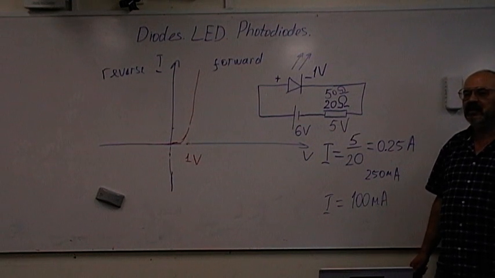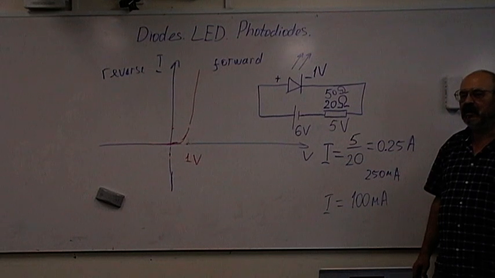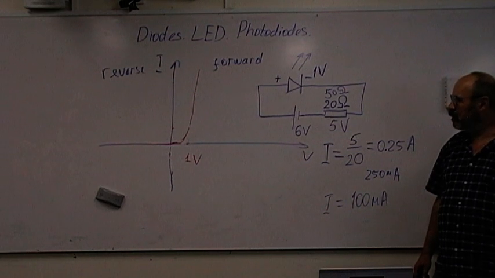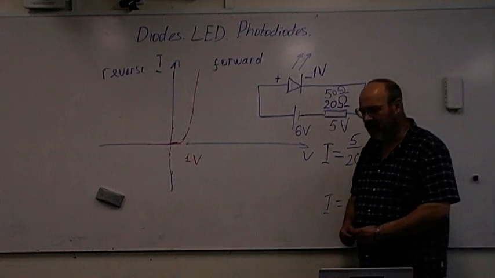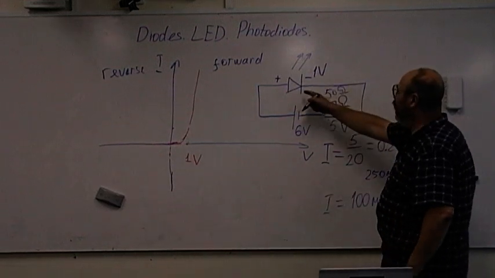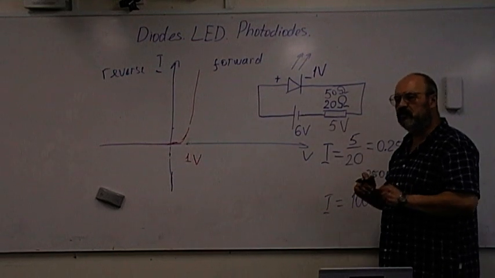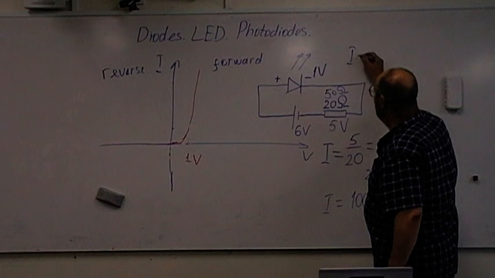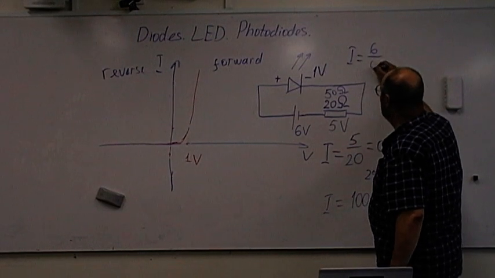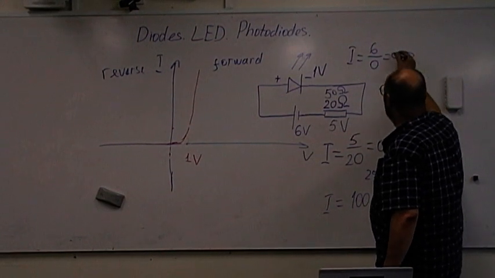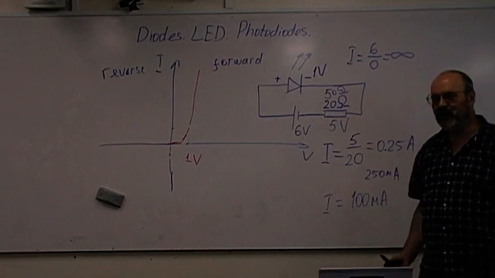Yes? Right, but wouldn't it be 6 amps, because if the resistance is 0, then it would just be 6 over 0? We take the resistance of the open diode as ideal, so it is 0, and the current equals 6 volts divided by 0, which is infinity.